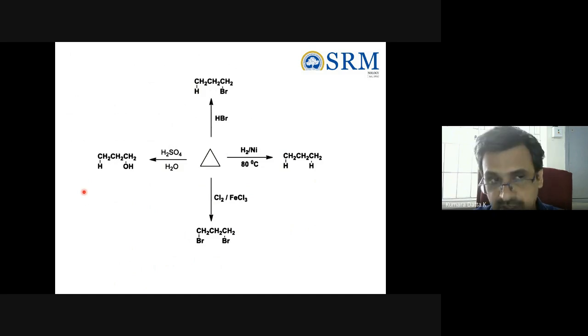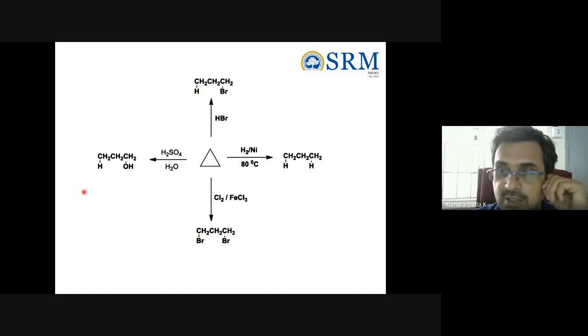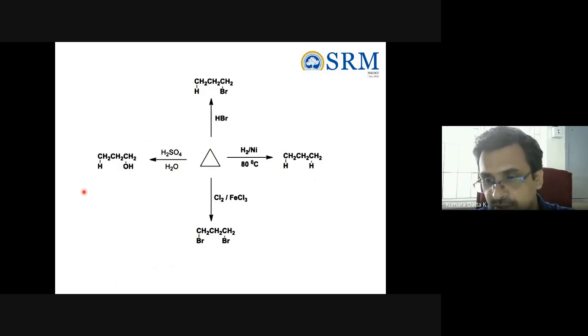This type of question you can expect for 4 marks or 6 marks. If you write 3 reactions, each for 2 marks, and explain cyclopropane ring strain and other things, then you get complete marks for this. This is a very simple but important question.